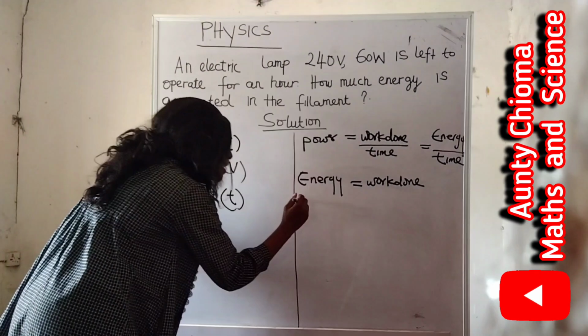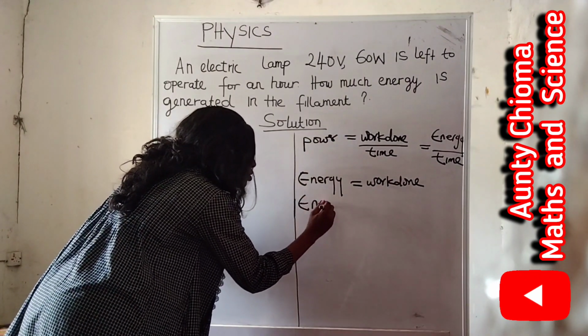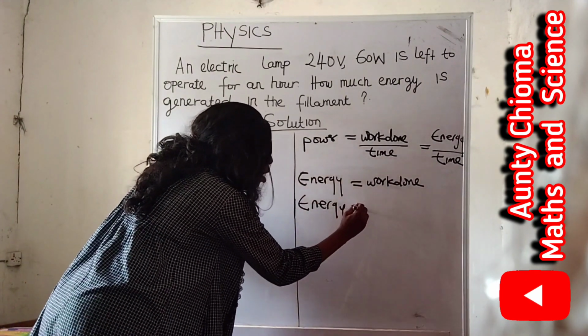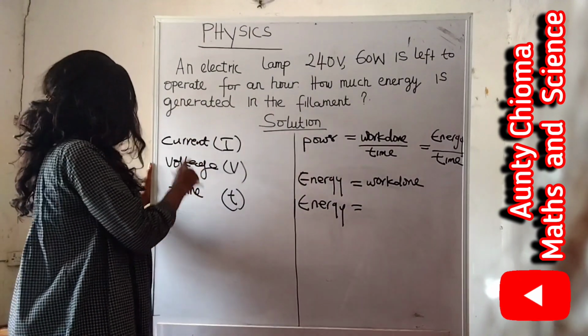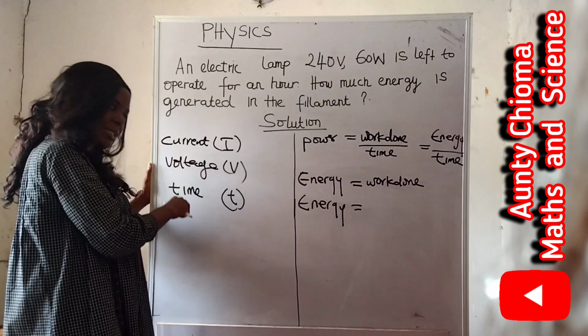Which means now that energy, which is work done, is equal to the product of these three parameters, which is current times voltage times time.